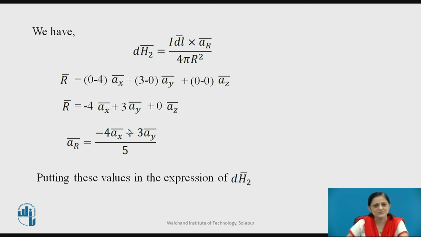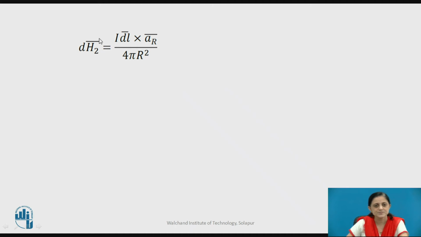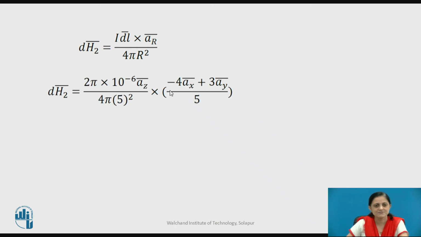Now put all these values in the equation of this dH2 bar. Now dH2 bar is the equation here. So I dl bar is given as 2 pi microampere, and therefore 2 pi into 10 raised to minus 6 a bar z is written here, cross a bar r, it's not actually into, it's a cross product, and a bar r is minus 4 a bar x plus 3 a bar y upon 5. 4 pi as it is, r is equal to 5, therefore 5 square.